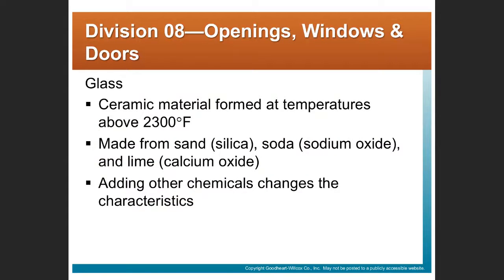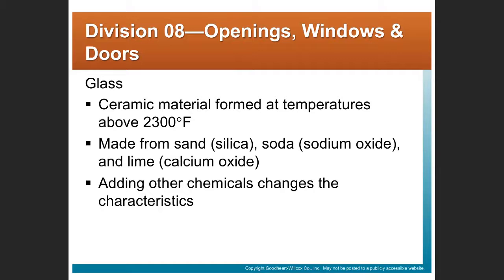Okay, Division 8. I snuck Division 8 into the lecture here. So Division 8 would be openings, windows, and doors. How is glass made? Glass is made by what I'm going to show you here. So hold on a second. Let me get that teed up. I should have done that during break.